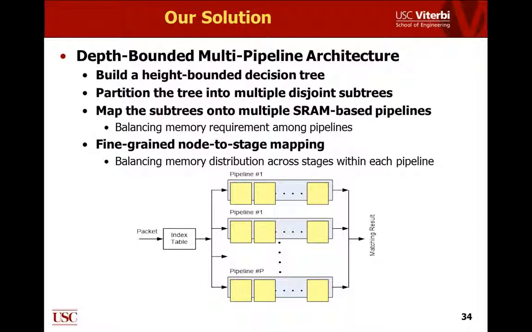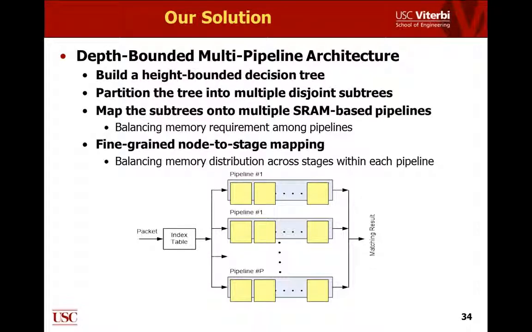We can reduce the number of accesses you do, and you can also selectively turn off some of these SRAMs or the storage devices you are using in the particular router, simply because the packet that is coming there will not traverse a particular path in the tree. Those are the kind of techniques that we use here to be able to reduce the power dissipation in these mappings. I'm just showing a very high-level conceptual view here.